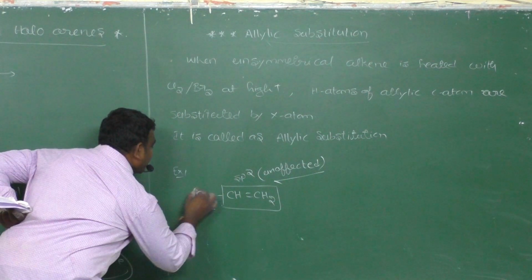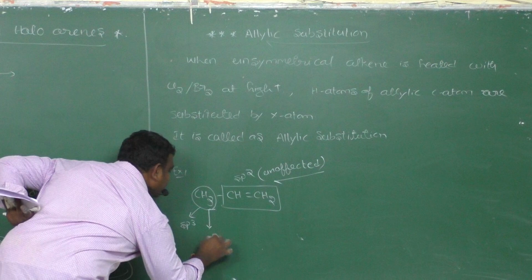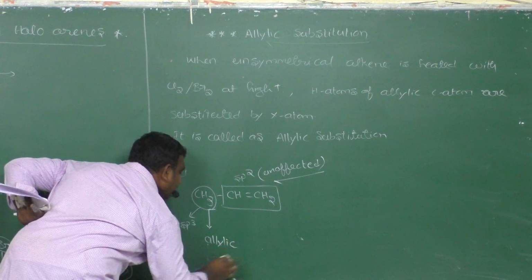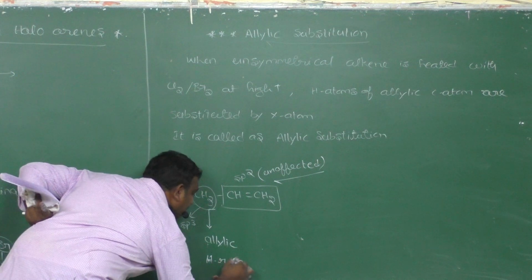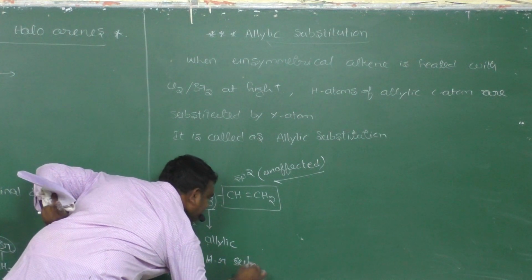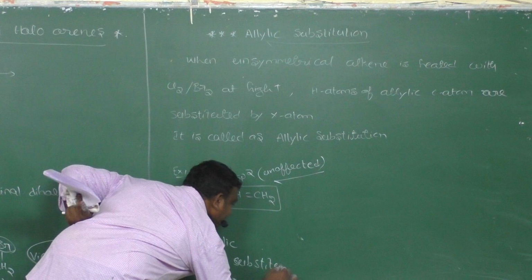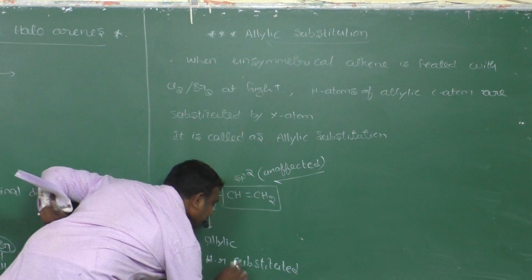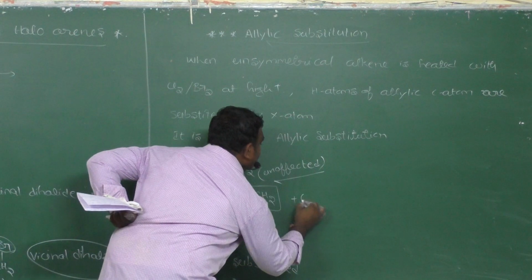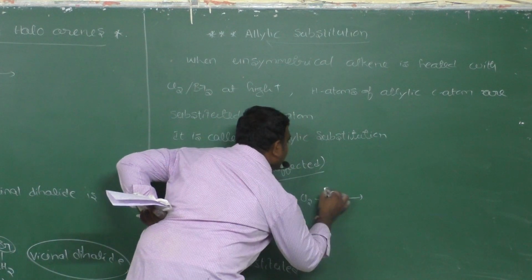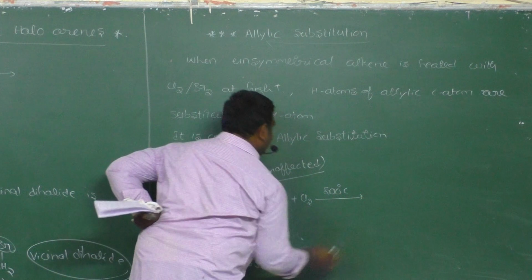Only these hydrogens are substituted when it is heated with chlorine at 500 degrees Celsius.